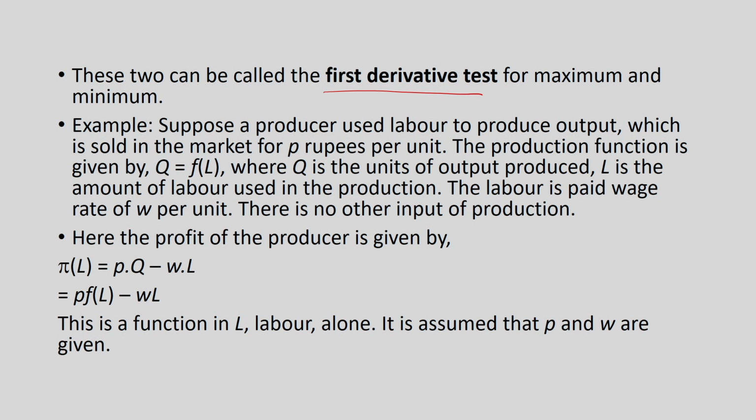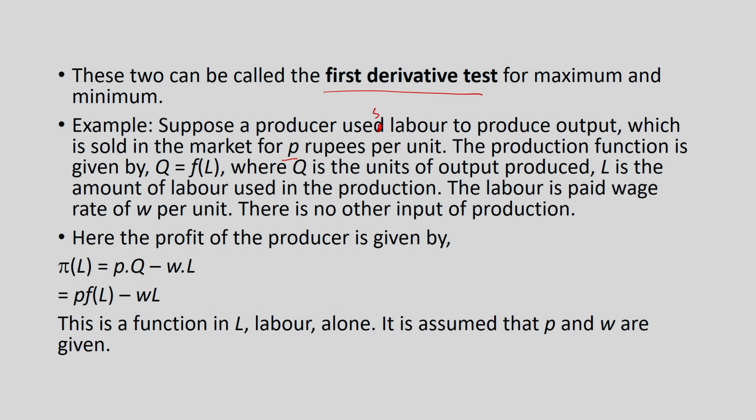Okay, here is an example from economics. Suppose the producer uses labor to produce output which is sold in the market for p rupees per unit.